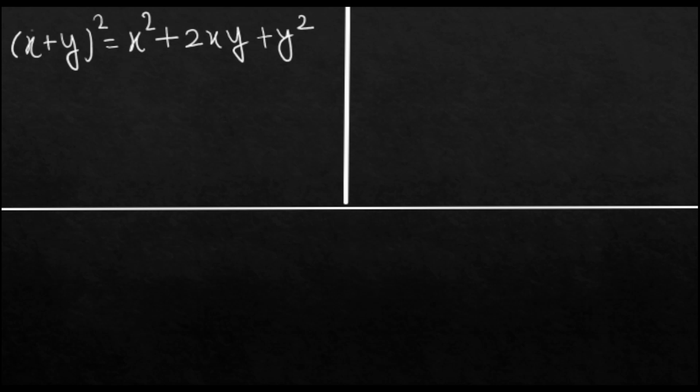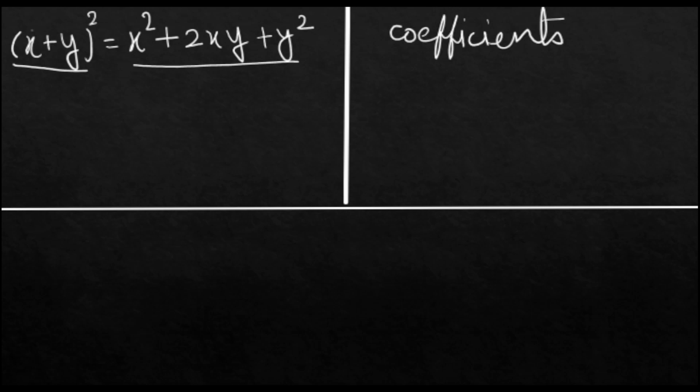For example, (x plus y) squared is equal to x squared plus 2xy plus y squared. This is a binomial expression and this is the expansion. Now it's time for writing coefficients.